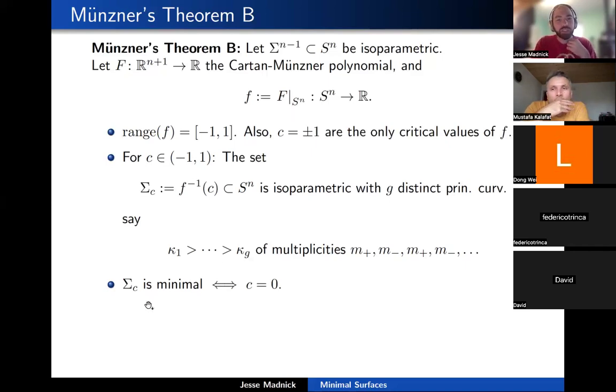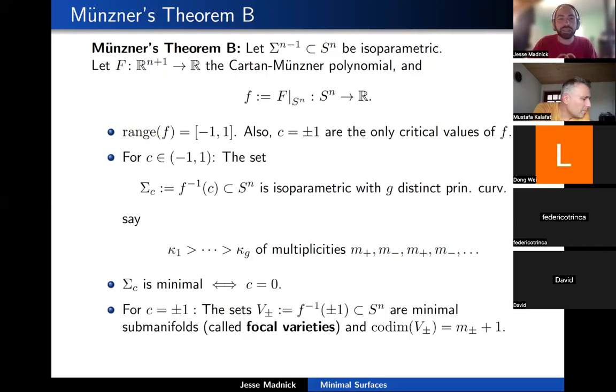I should say that you actually can find out what these eigenvalues are. In a sense, they're all cotangent of some angle. I won't explain this, but there's a fairly explicit formula for these. Okay, so what happens when c is 1, or when c is -1? What can you say about the level sets? It turns out that when c is 1 and -1, the level sets are minimal submanifolds, this time of high codimension, and these are called focal varieties.